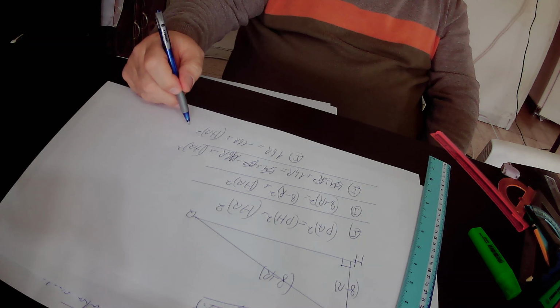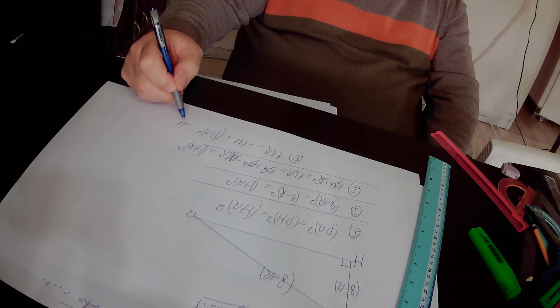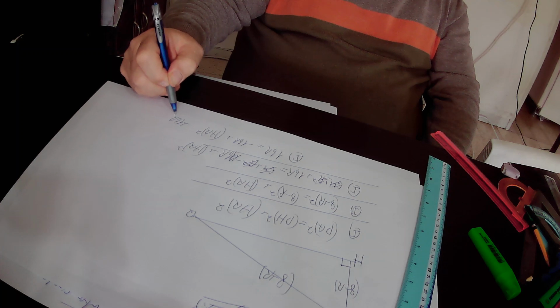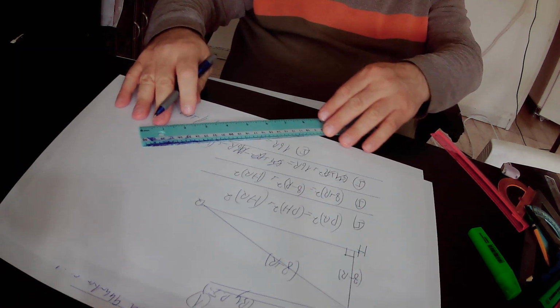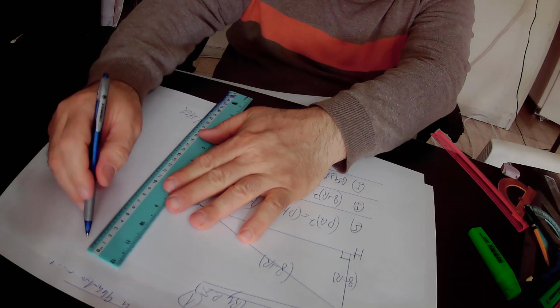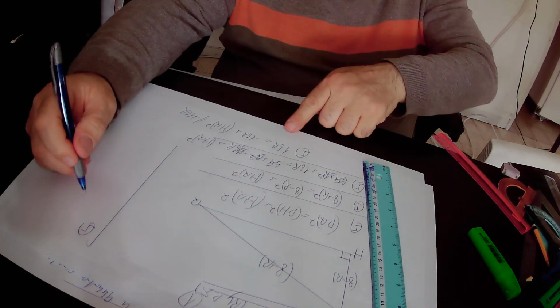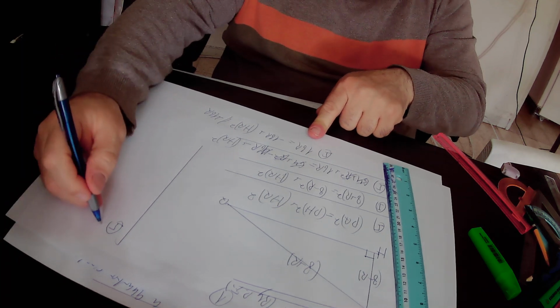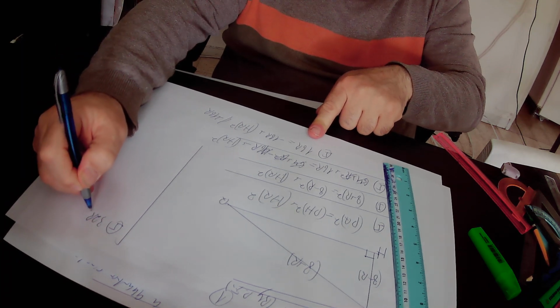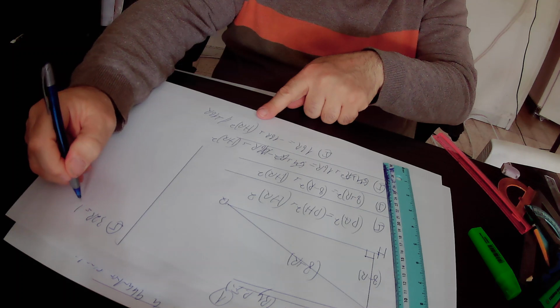So we add 16R to the equation, and 16R plus 16R is 32R. So 32R equals HQ square.